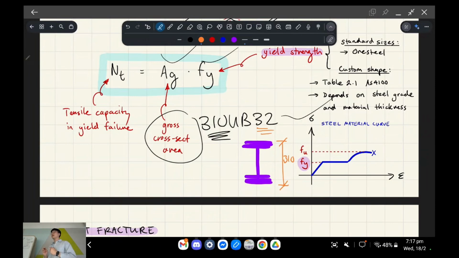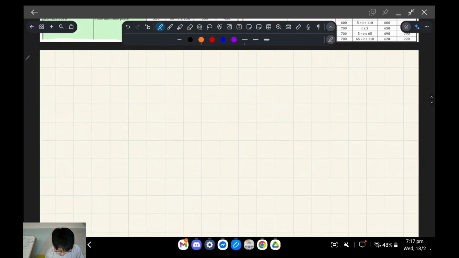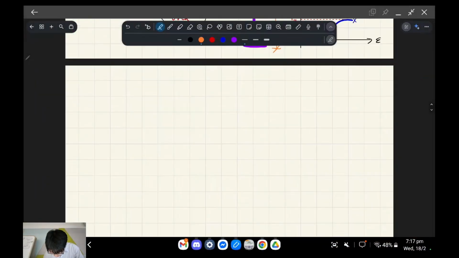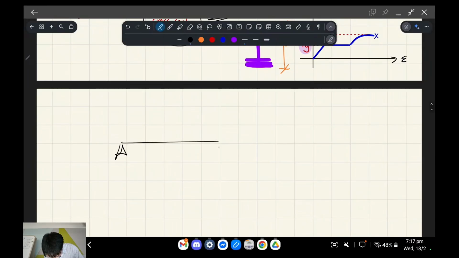32 is how heavy it is per linear meter. What I mean by linear meter is, pretend we have a beam, 1 meter. The steel product is standardized per meter, and it can just keep going and going.